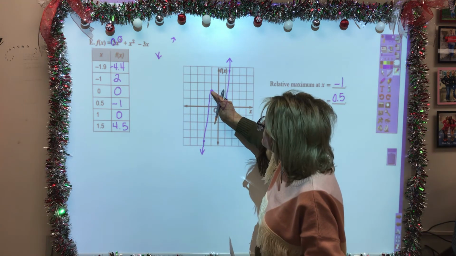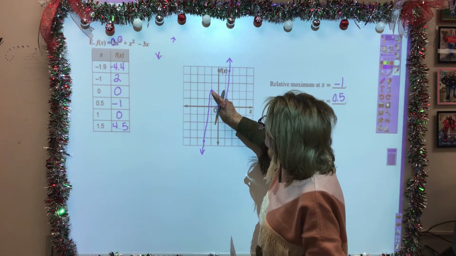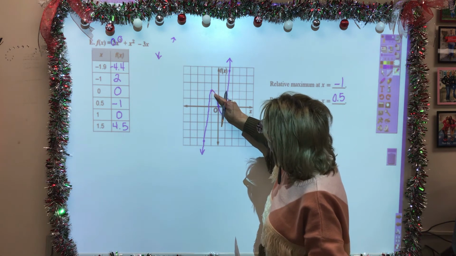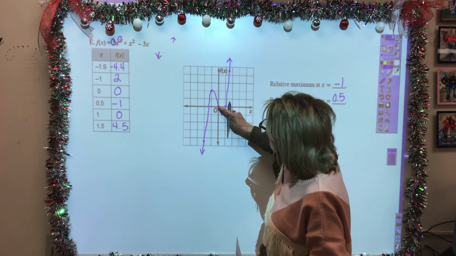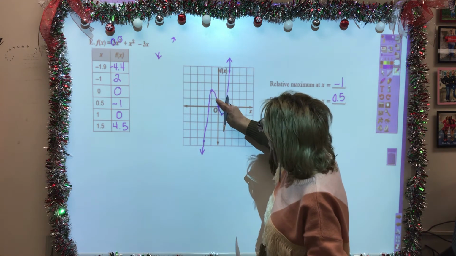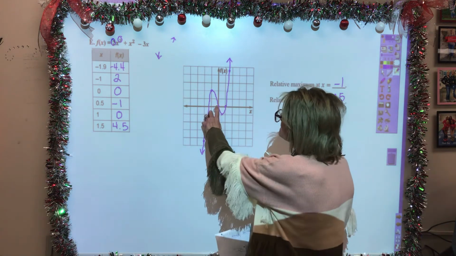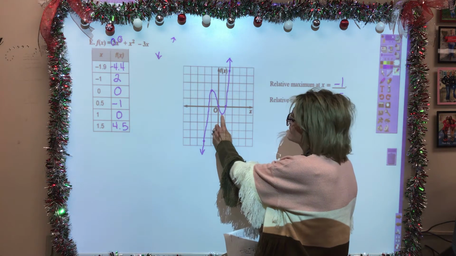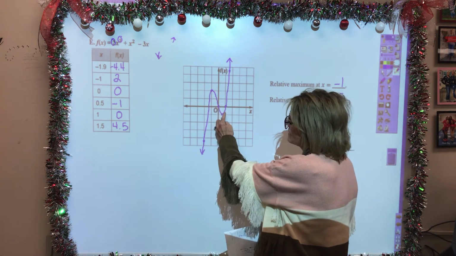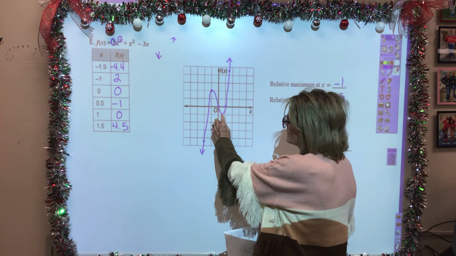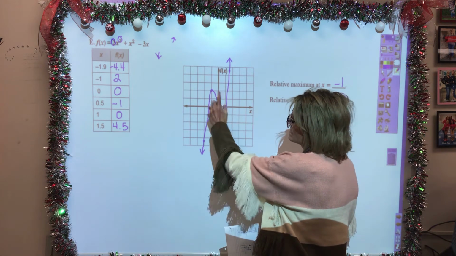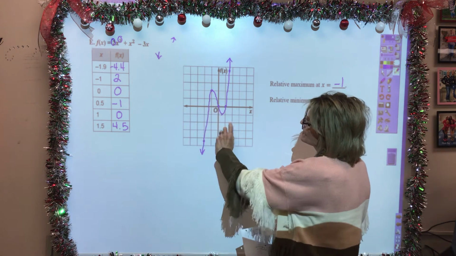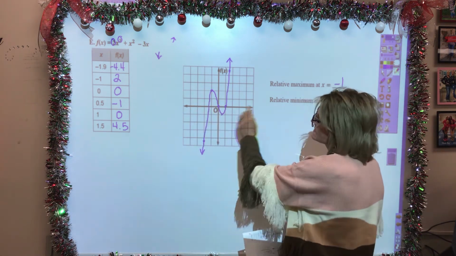When we hit x is -1, we hit the 2, and then you can see that as x gets bigger, y is getting smaller, so it's turning around. Then when we hit 0.5 for x, that's when y is -1, the graph turns back around, that's an inflection point, and heads the opposite way. So these are our relative maximum and minimum, and again, they're referred to by what is x at that point.